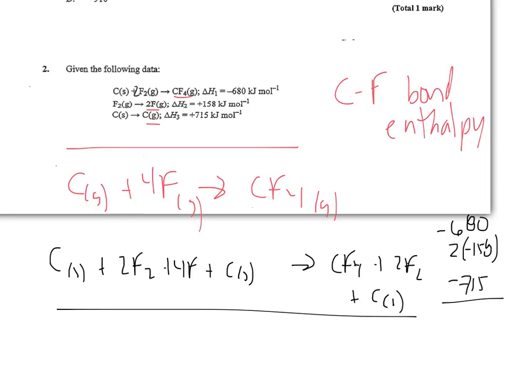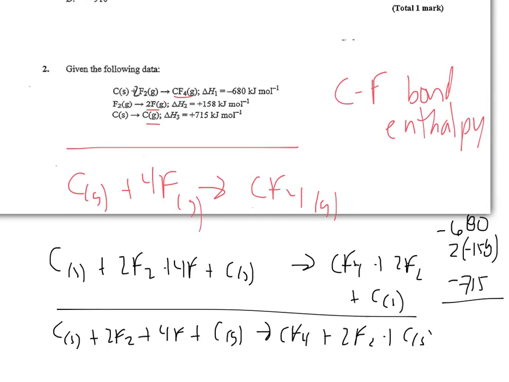So when I add this up, I end up with C solid plus 2F2 plus 4F plus C as a gas, CF4, 2F2, and C solid. So my C solid crosses off each side, the 2F2, and I'm left with the equation I'm actually interested in.